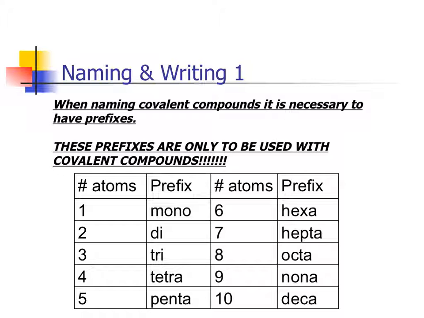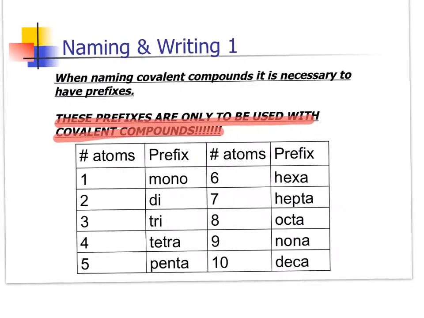So how do we name some covalent compounds? It's necessary to have prefixes. Now, it is important, and I cannot stress this enough, that these prefixes are only to be used for covalent compounds. They are not to be used for anything else.